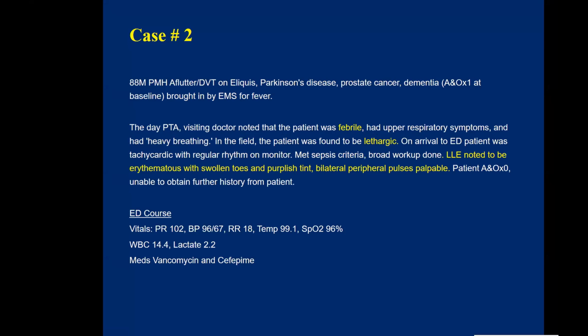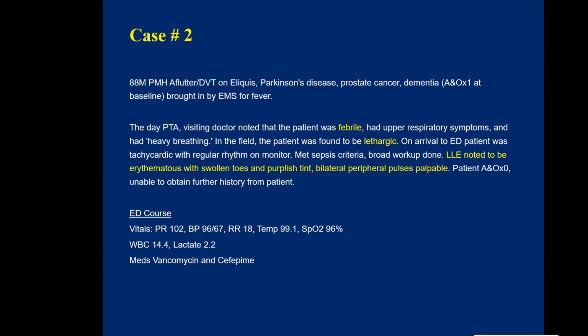On arrival at the ED, the patient was tachy, regular rhythm. He met sepsis criteria. A broad workup was done. They noted the left lower extremity that we saw, erythema, swelling, his toes purple, bilateral peripheral pulses were palpable, AOx0. His vitals, he was tachy, borderline low blood pressure, low grade temp, WBC of 14, and lactates, and he was given vancomycin and cefepime as brought for sepsis.